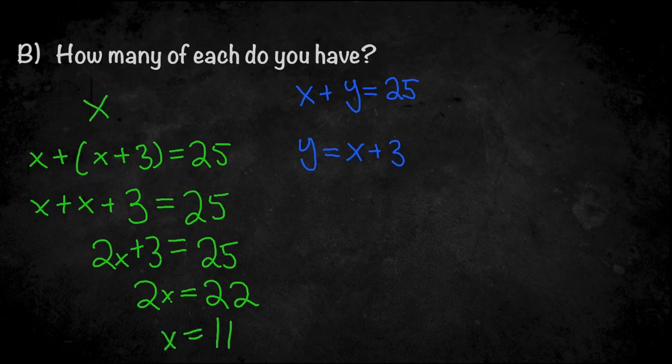Let's just write that up here. x equals 11. Now what we're going to do for the second step of substitution is we're going to bring x and substitute it for what it actually equals, right? And then whatever x plus 3 equals, that would be y. So let's do that. So that would be y equals 11 plus 3.